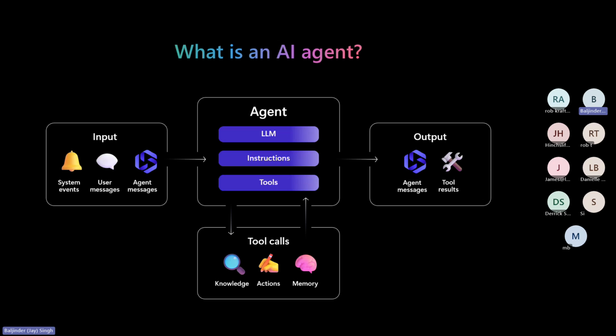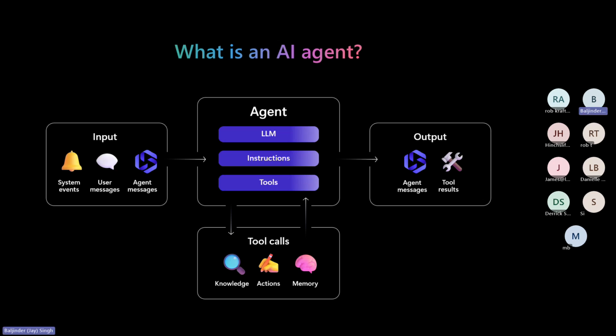So that's where instructions are important. And then finally, tools are what make the agent powerful. And that's going to be the focus of this session, where we'll talk about MCP. Without tools, the model can only talk. With tools, the agent can do things. So that's why I said earlier, tools or MCP is what gives our agents those superpowers.